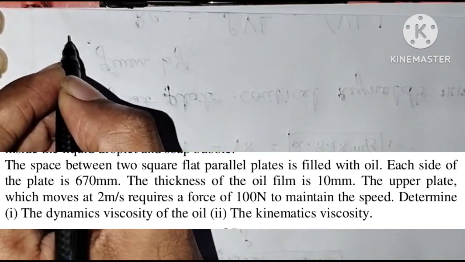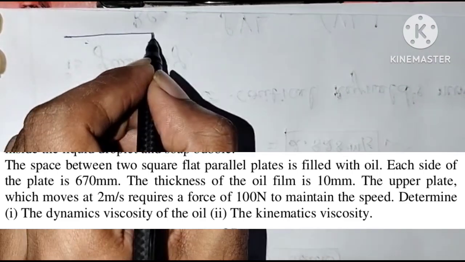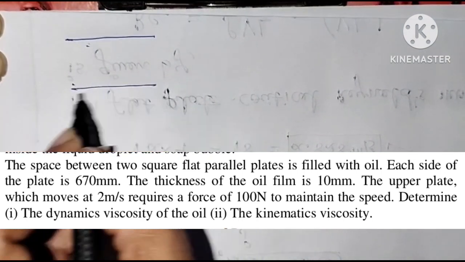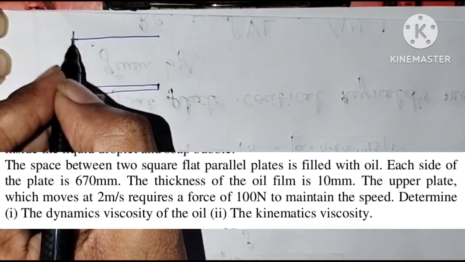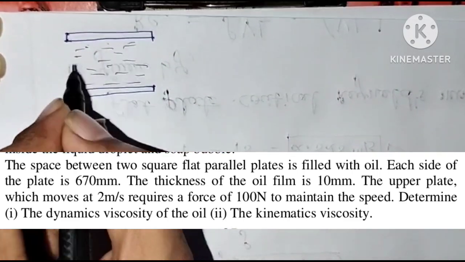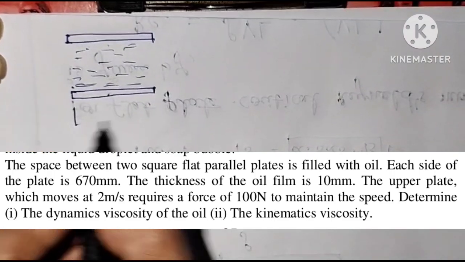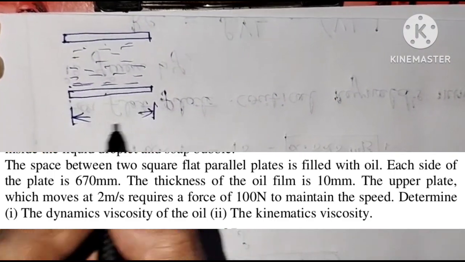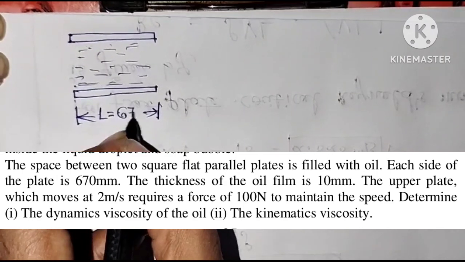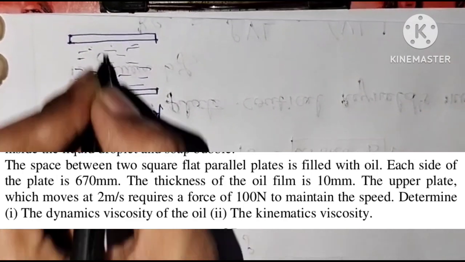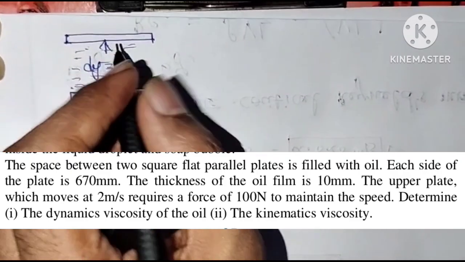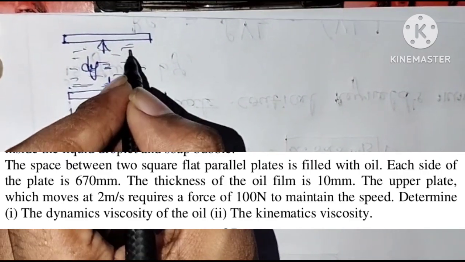So here, the space between square flat parallel plates is filled with oil. Each side is 670 mm, and the thickness of the oil film is denoted by dy, which is 10 mm.